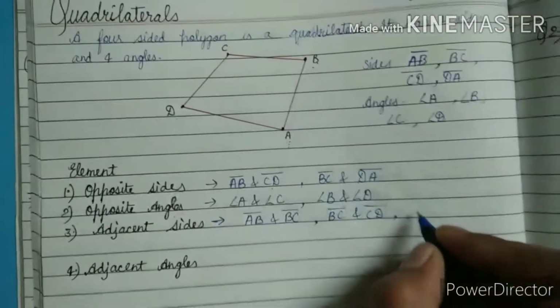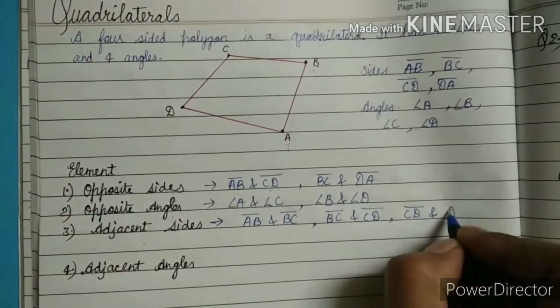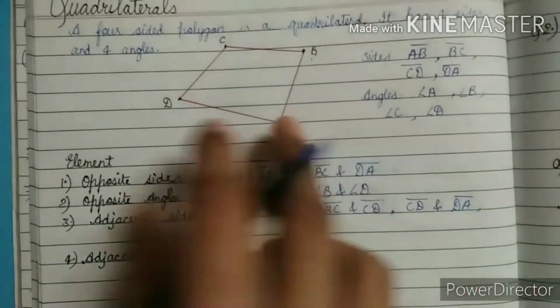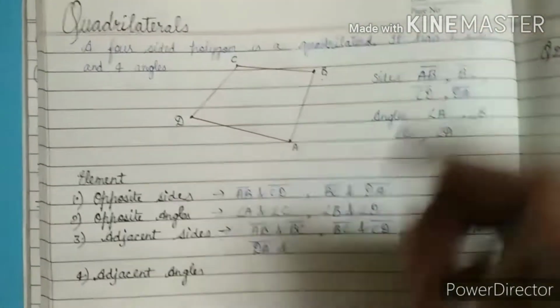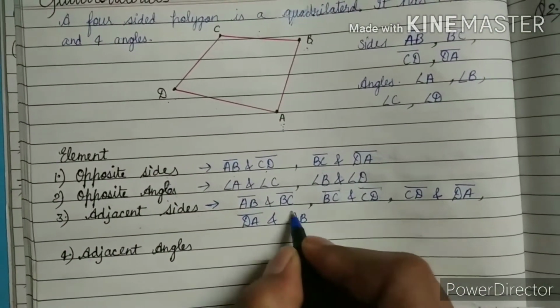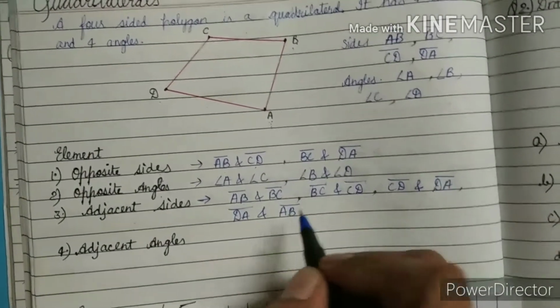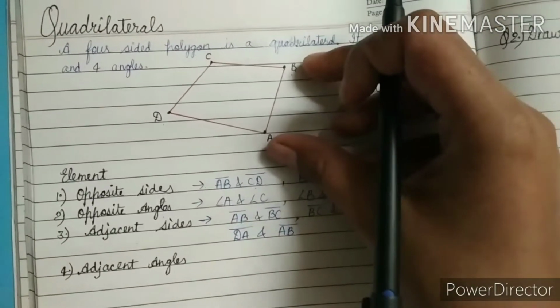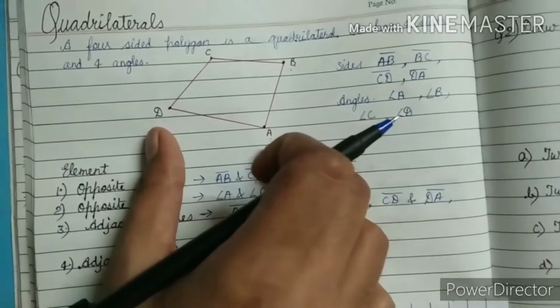Now CD's neighbor is DA, and DA's neighbor is AB. As you can see, we started from AB and we ended on AB. So AB's neighbors are BC and DA also.